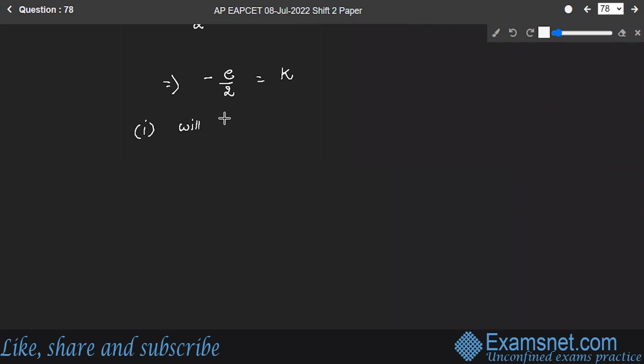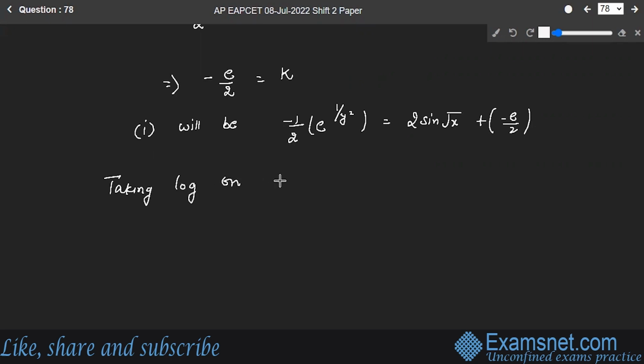This whole expression will be minus 1 by 2 e raised to power 1 by y square is equal to 2 sine root x plus minus of e by 2. Now, taking log on both sides with base e.